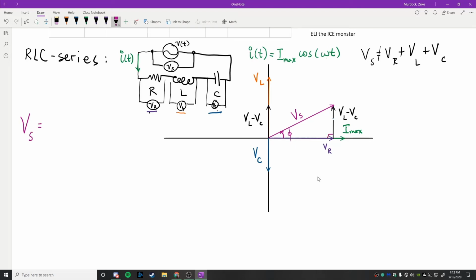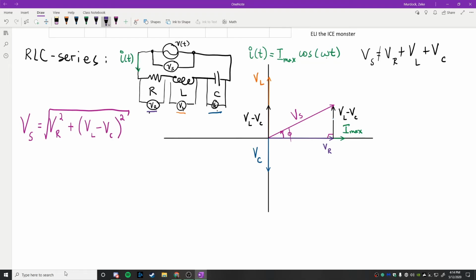If I take V_R squared, and I add to that, and I take the square root, would you guys agree that that's what I'm going to get? Just the Pythagorean theorem. Whatever the length of this side, V_R, is, and whatever the length of this side over here, V_L minus V_C, I can do this squared plus this squared, and I'll get this because of the Pythagorean theorem.